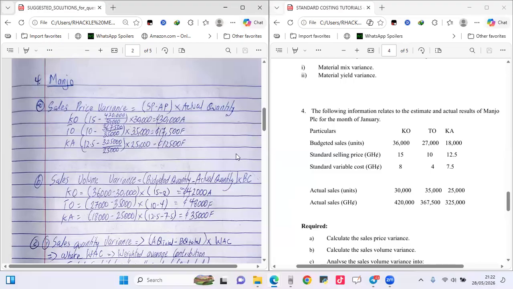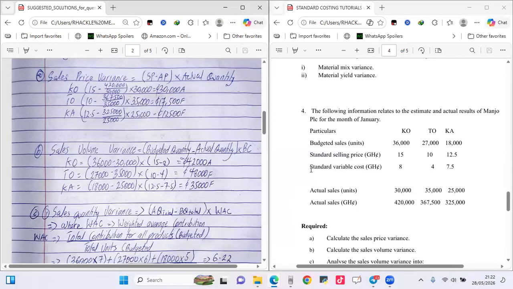All right, so now for the first one, the budgeted quantity in the question was 36,000. Now for KO, 36,000, and then the actual quantity they sold is 30,000 units, right?